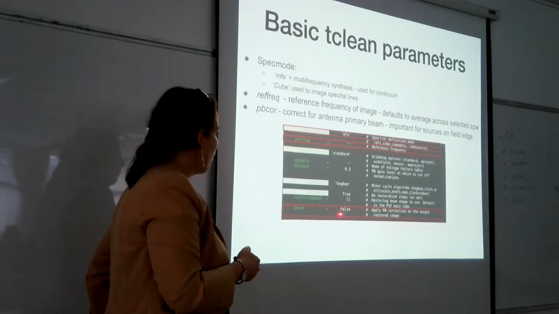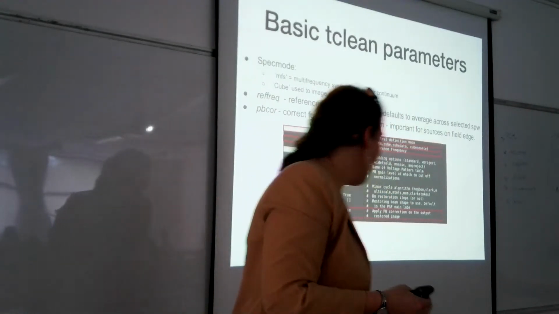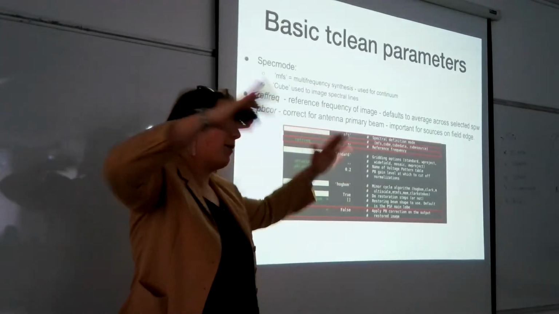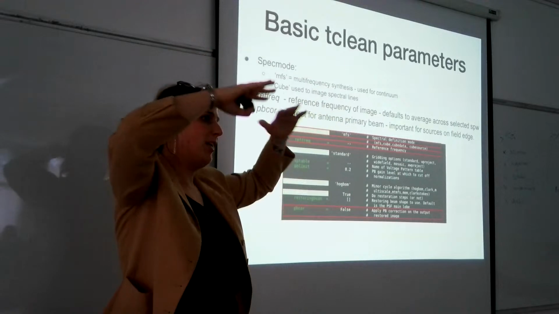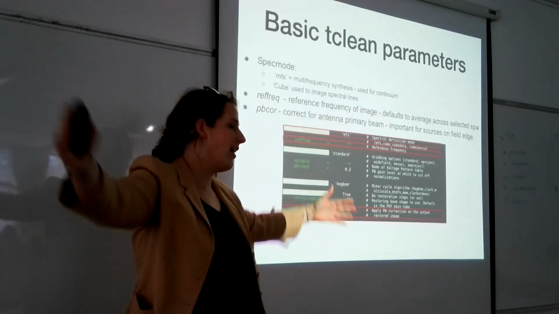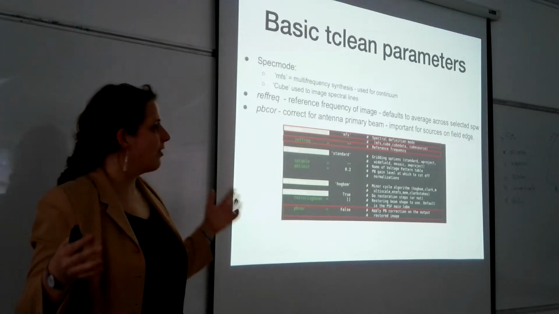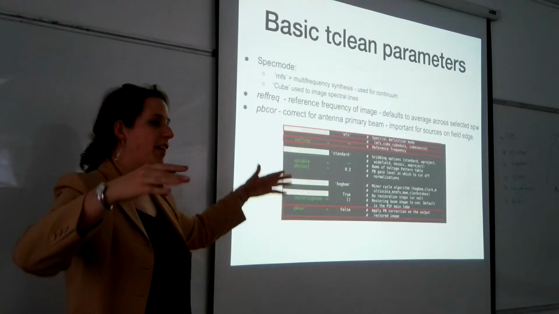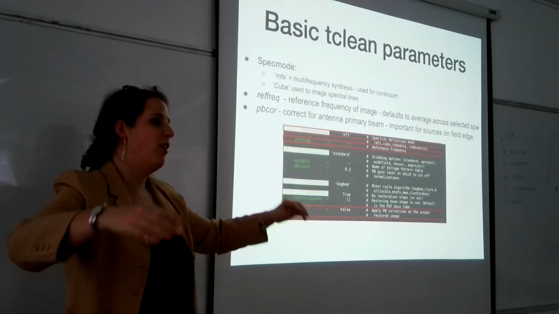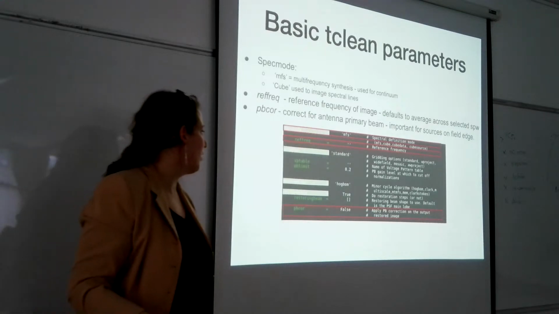Finally, it is smart to set the primary beam correction to true. This is the correction that I mentioned in the beginning: your sensitivity across your primary beam, so across your entire antenna dish, becomes lower if you go further away. So you essentially do a correction for your noise levels throughout your image, since your noise levels are higher in the output.